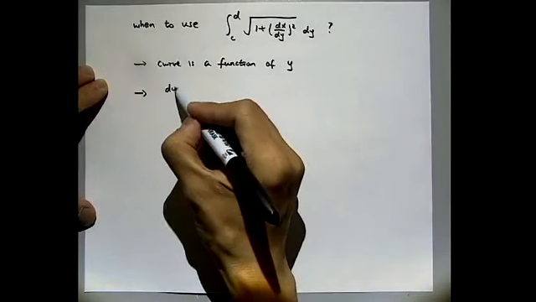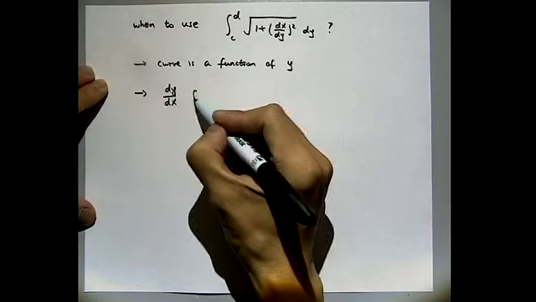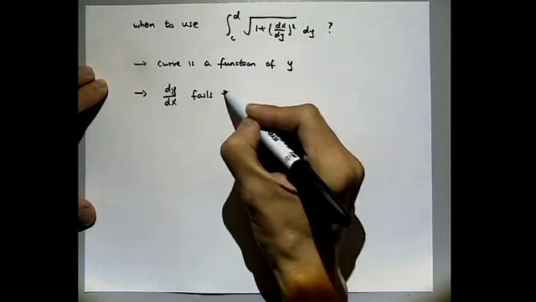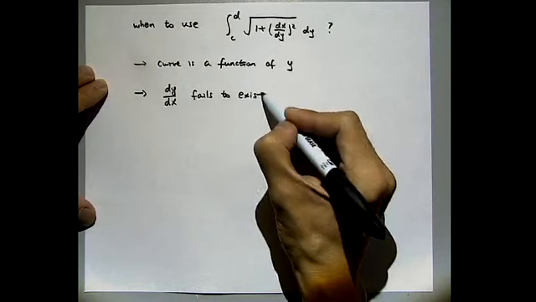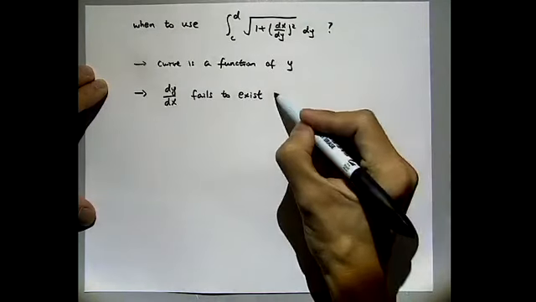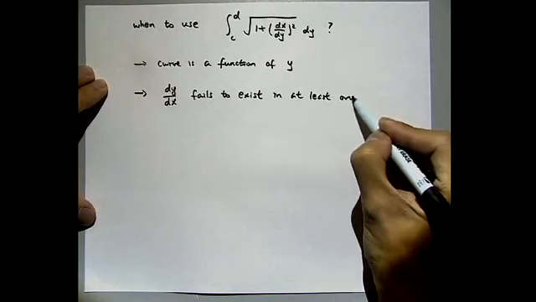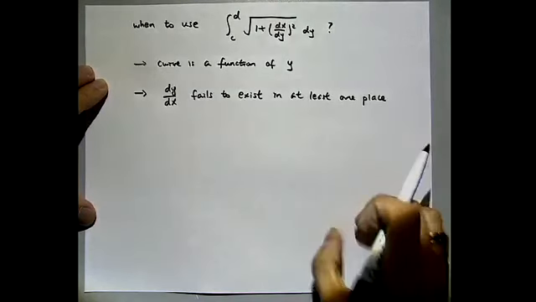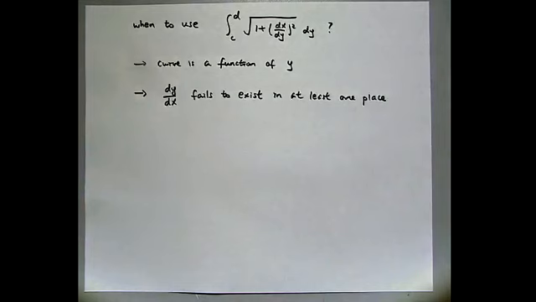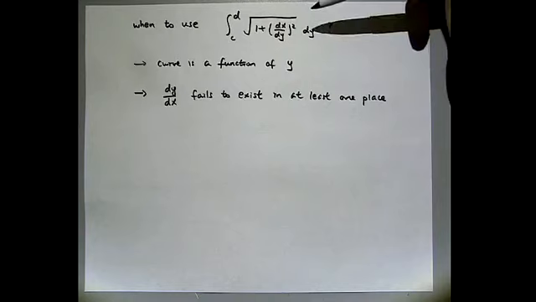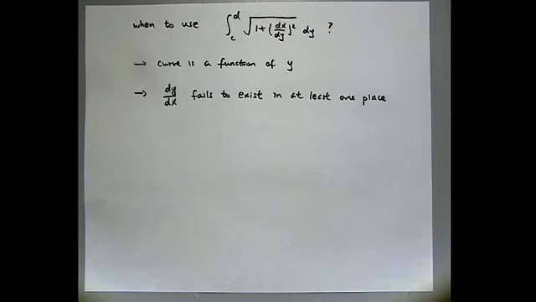The second reason is when dy dx fails to exist. In at least one place. In order to calculate the arc length using the previous formula, dy dx has to exist on the interval a to b. If at some point dy dx fails to exist, this is a form that you can consider using.